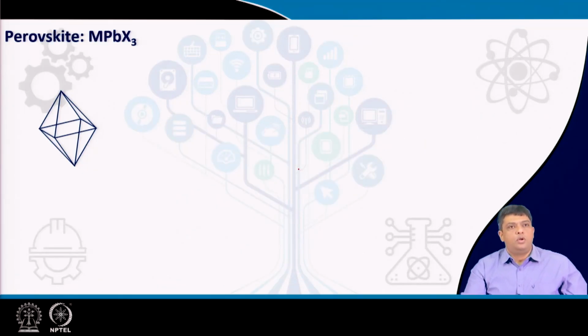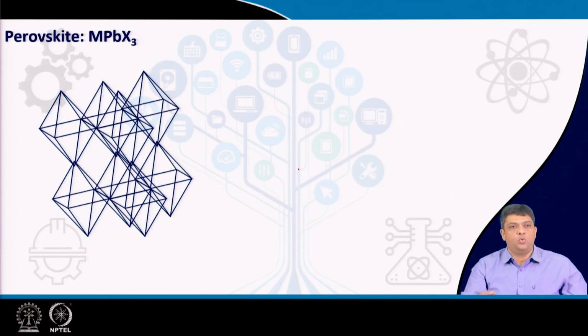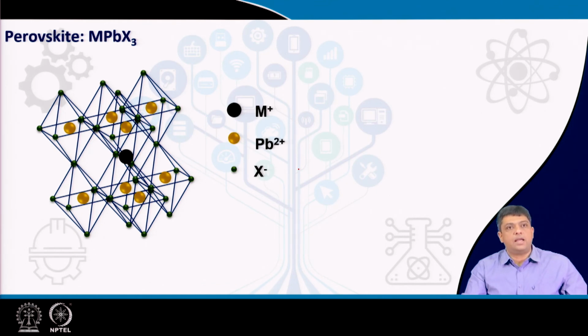So, let us see how it looks. You had a unit cell, then you arrange this unit cell in a lattice at the cube edges, or in the edges of these octahedra, you have the atoms, where the black atom is your M plus, the yellow atoms which we are showing in this slide represent the lead atoms, and the small dots at the corners of these octahedra are your X halides.